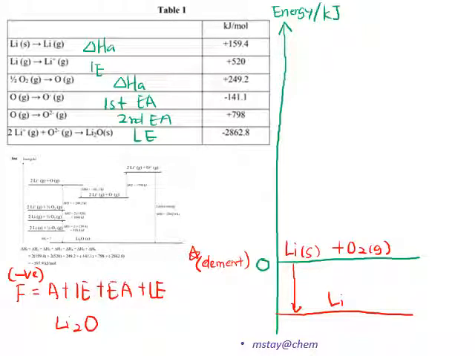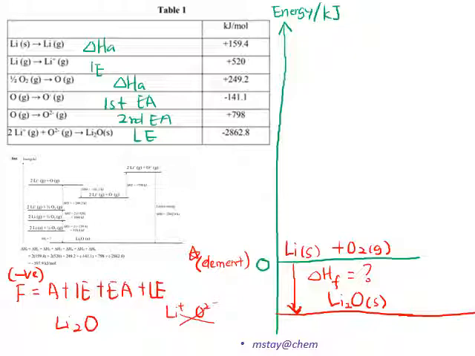Lithium plus O2 negative, interchange the charge, so we get the formula Li2O, and this one is solid. This is the enthalpy of formation, and we have no idea yet, so we need to draw the energy level diagram to determine it.